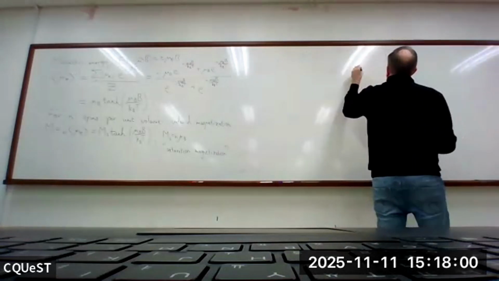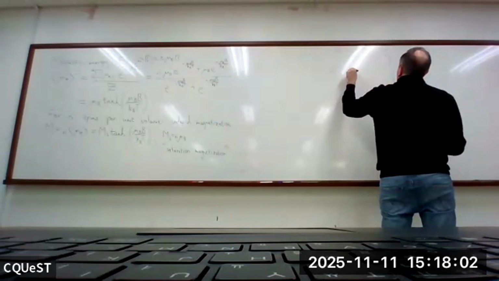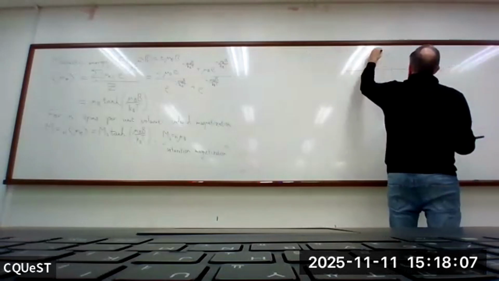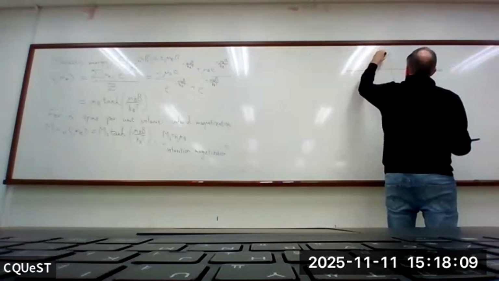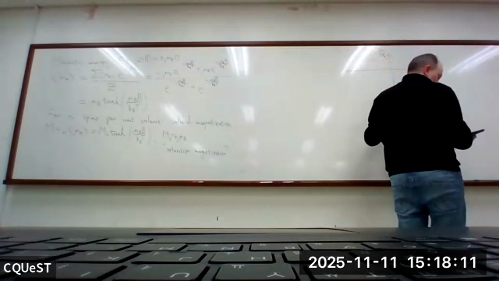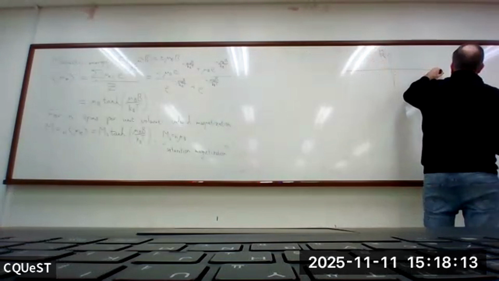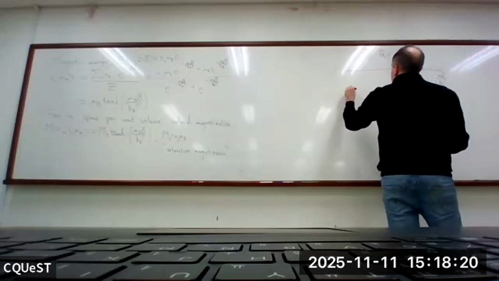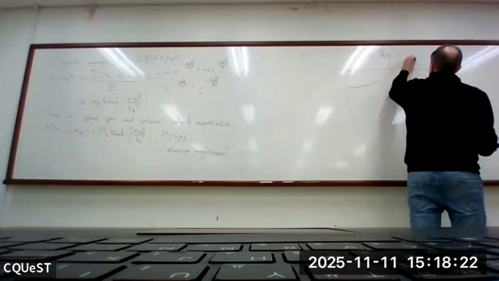So if we plot the magnetization, maybe normalized by Ms, against this argument mu v B over kBT, this is a hyperbolic tangent function.